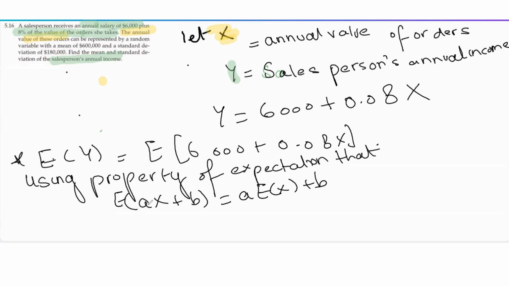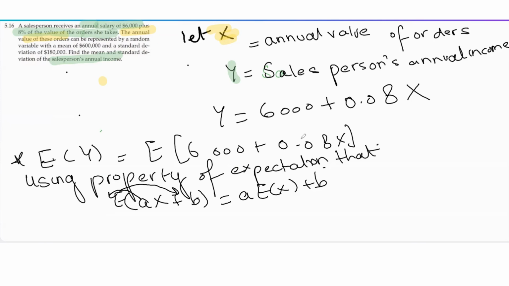Expectation can go inside sums, constants can come outside of the expectation, and the expected value of a constant b is just b.